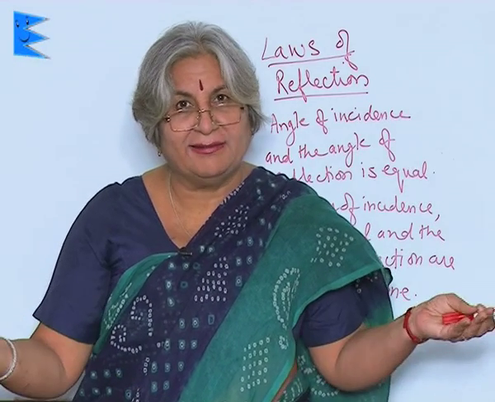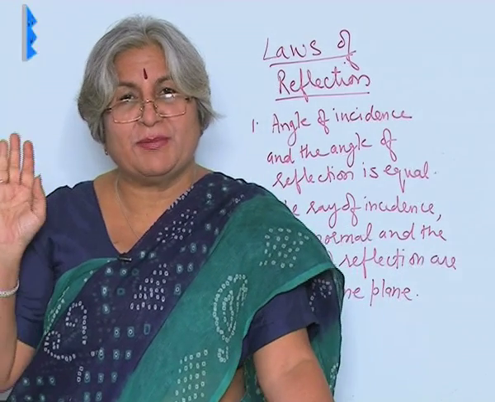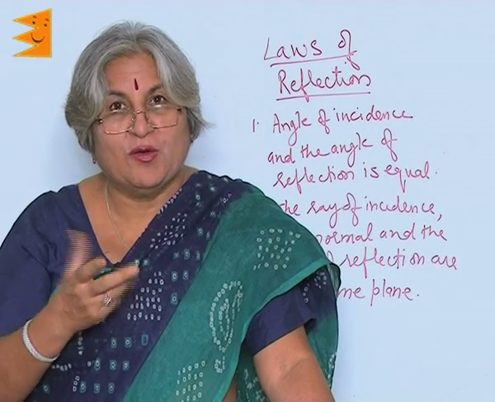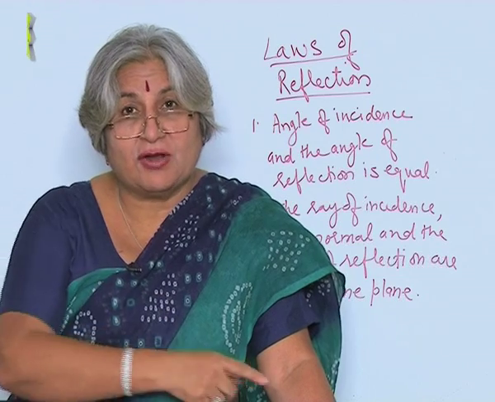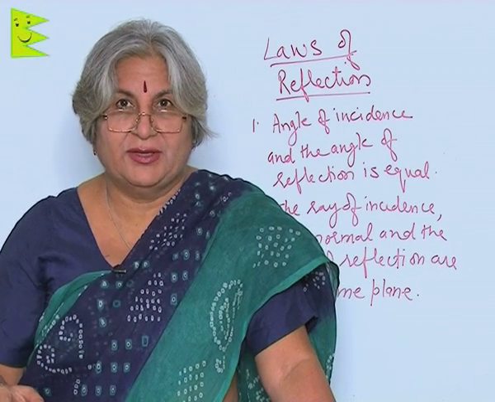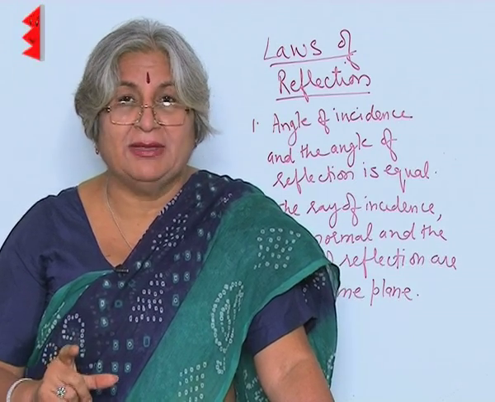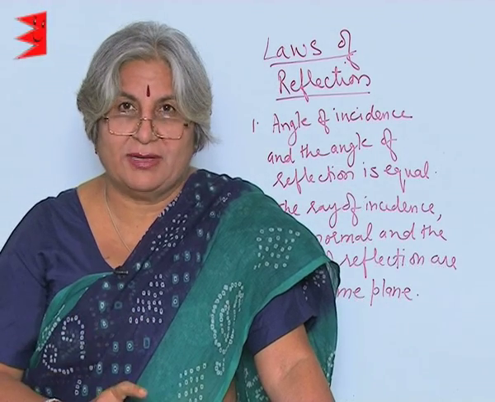And what do you see? The ray of reflection has disappeared or it is shorter. Why? Because now there was not only one plane. So, if the plane is not same, then the reflection will not take place.